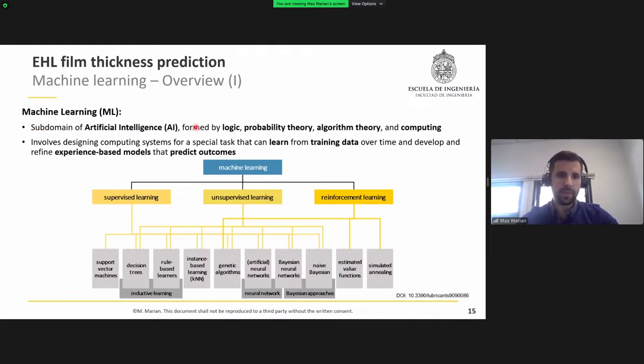AI and ML are formed by logic, probability theory, algorithms theory, and computer science. In the first step, ML involves designing computing systems for any kind of special task that can learn from training data over time and develop and refine experience-based models that predict any kind of outcomes. Thus, the system can be used to answer questions in any given field.